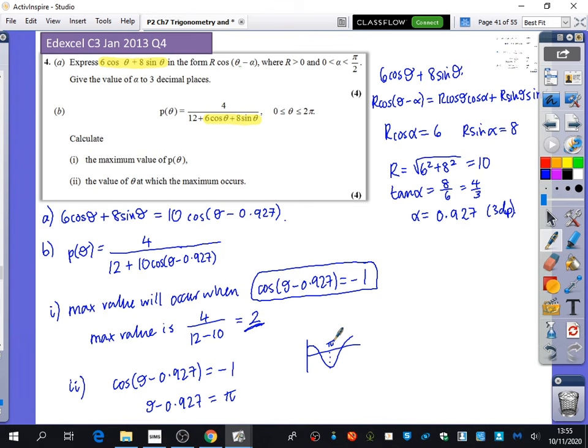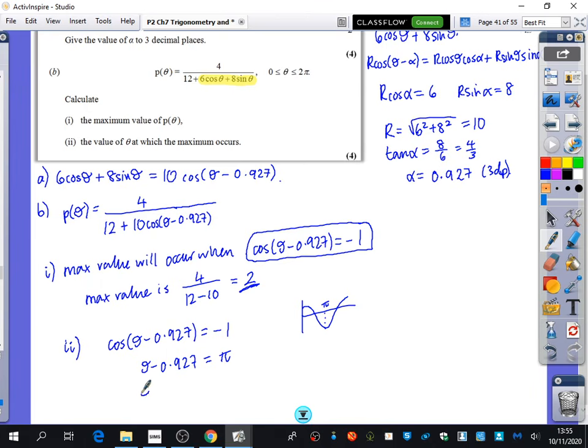And so the value of theta at which this maximum occurs, we just need to add 0.927 to pi. And then just check it's in range, which it is going to be. And you get 4.069 to 3 decimal places.